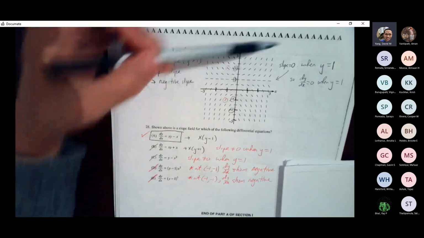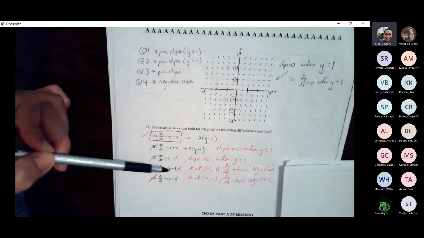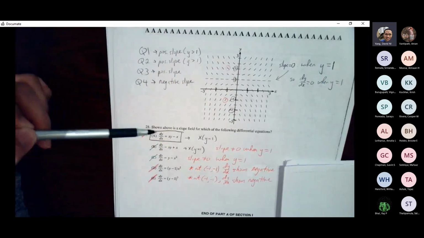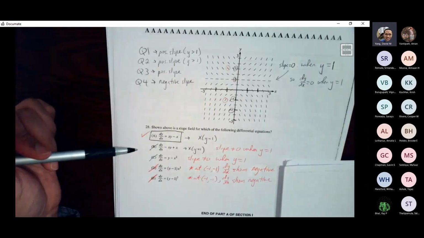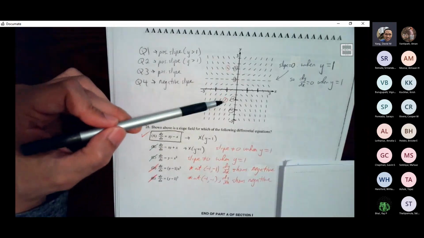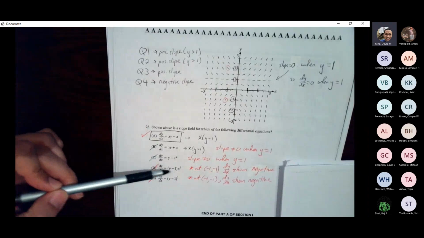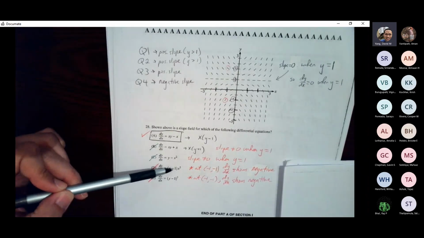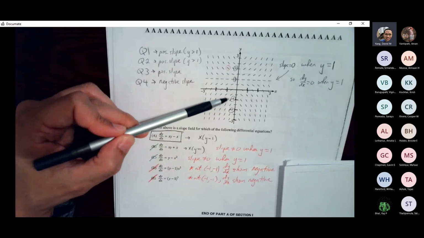D and E are okay with this because if I insert 1 in for y, I am getting 0. So these are still possible choices. But if I insert an ordered pair, let's say in the third quadrant, -1, -1, for x and y, I get a negative times a positive, which is negative, and that is obviously not what I see here.